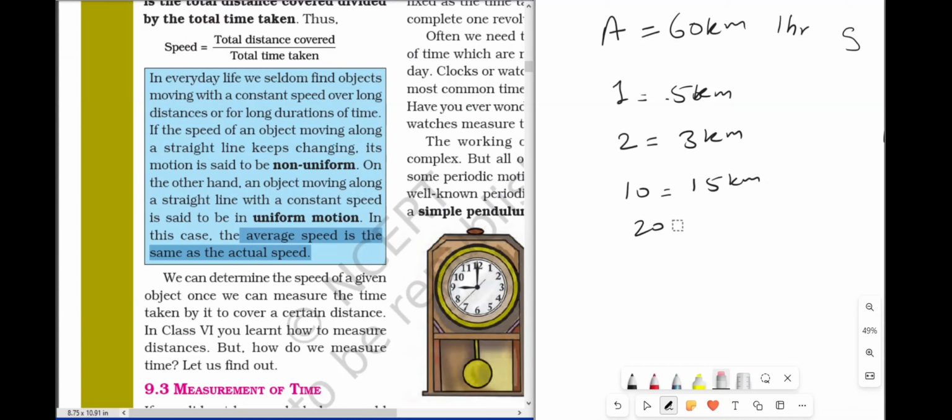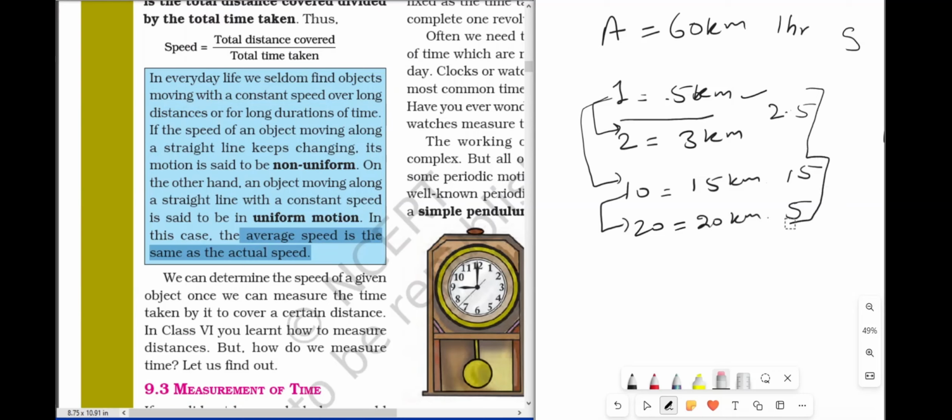In 20 minutes, it was able to go only 20 kilometers. So in the first minute, it was able to cover 0.5 kilometers. In the next 1 minute, it was able to cover 2.5 kilometers. In 10 minutes, it was able to cover 15 kilometers. In the next 10 minutes, it was able to cover only 5 kilometers. So what we are seeing here is a non-uniform motion.